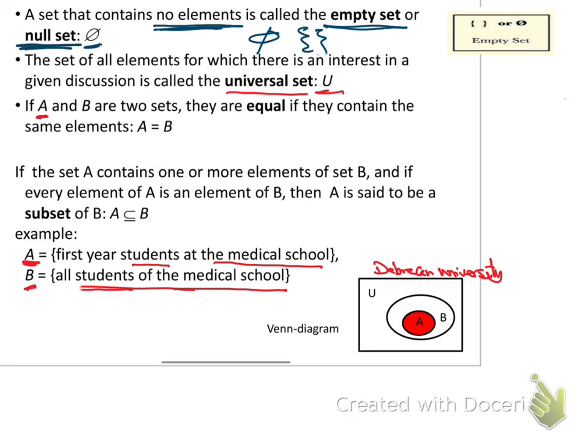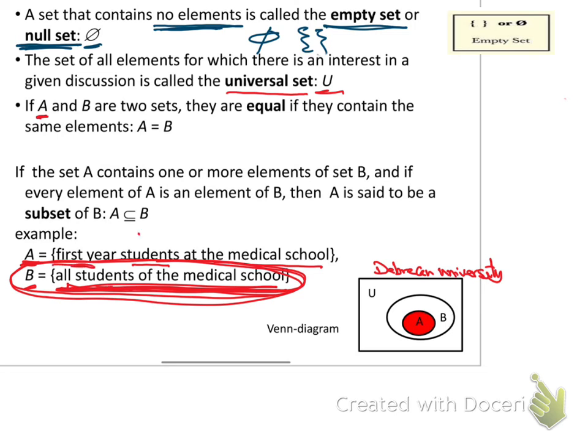So set B is bigger than set A, and it includes all the elements of set A, because this is all the students in the medical school, and set A is only first year. First year is part of all the medical students.